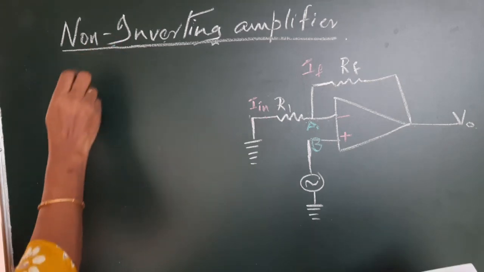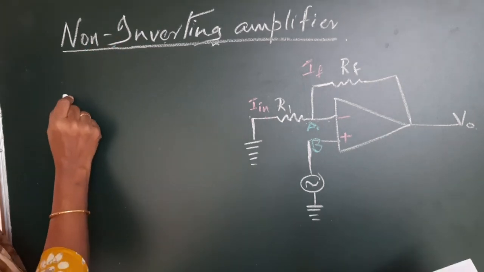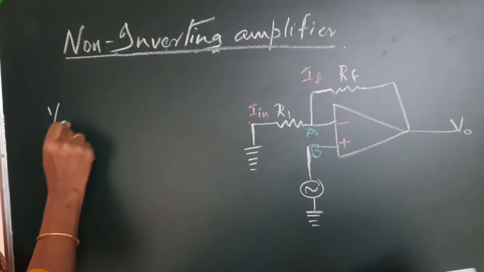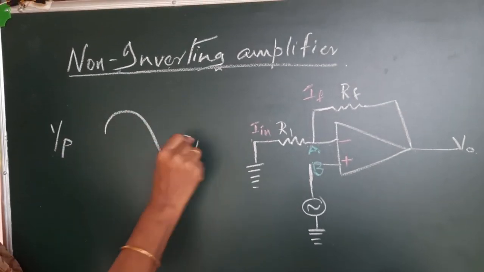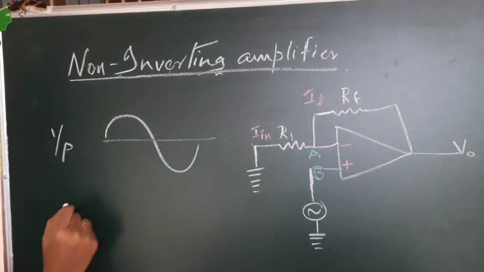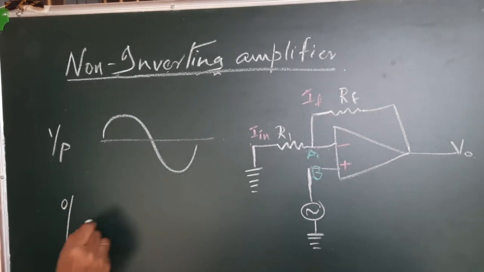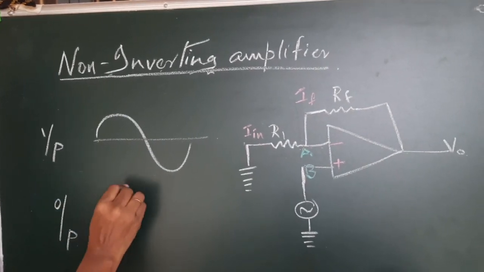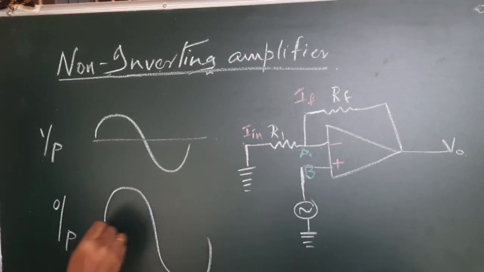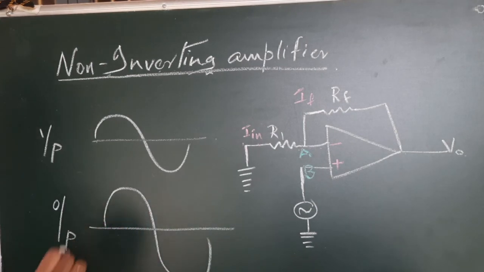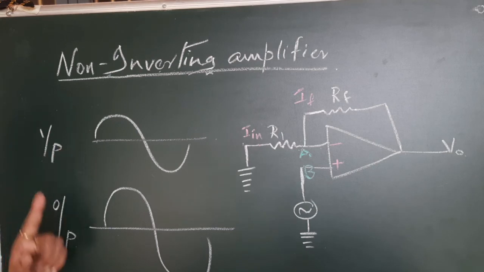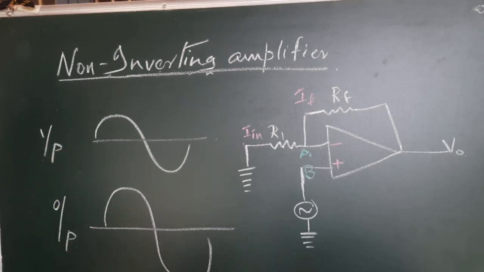As the word indicates, you can guess that the output will also be in phase with the input, of course in an amplified manner. So this is the relation between input and output. Output will be in phase with the input.